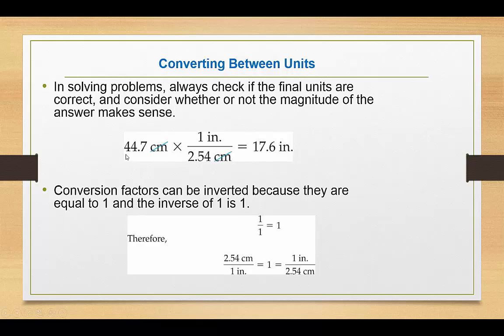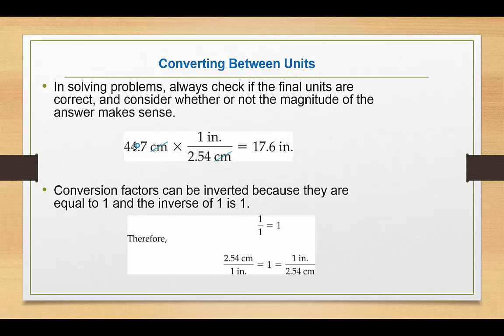If I'm told that I have 44.7 centimeters, I've got my conversion factor, and I can put this either way. I can put the 2.54 on the top or the bottom. Doesn't matter as long as I make sure this unit stays with it. Centimeter, centimeter. Now in this case, I want centimeters to cancel out. I started with centimeters, so I'm going to put the centimeters down here so that numerator and denominator cancel out.